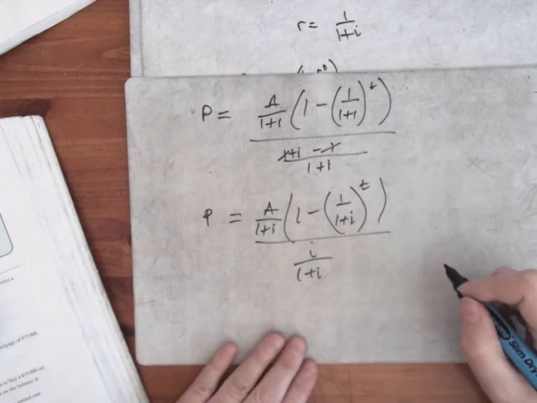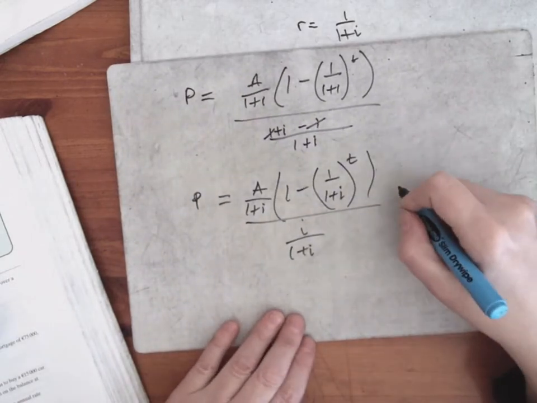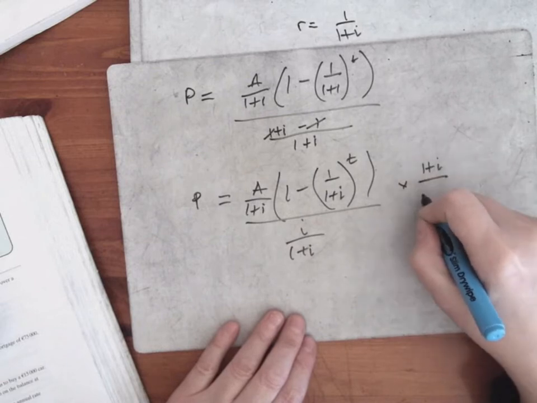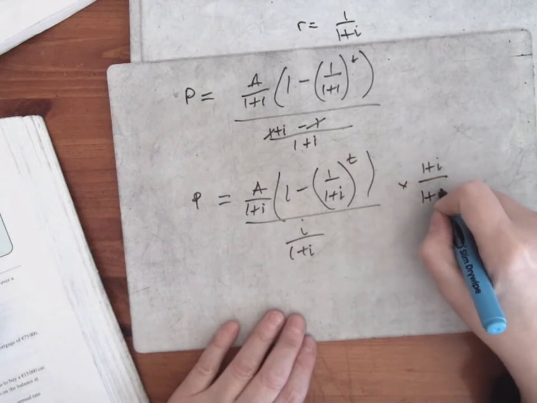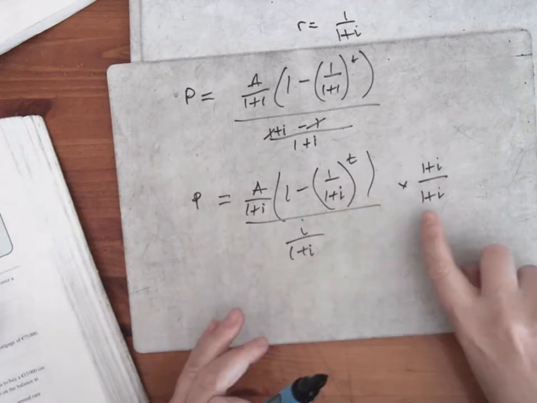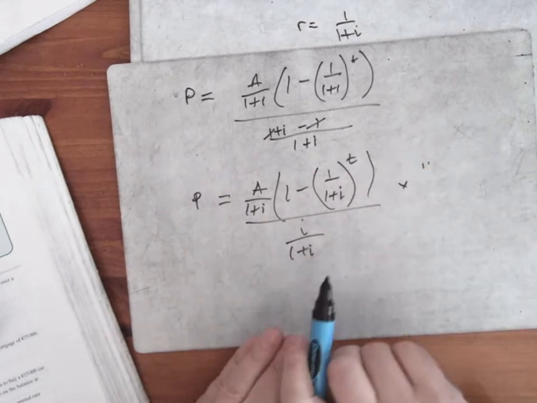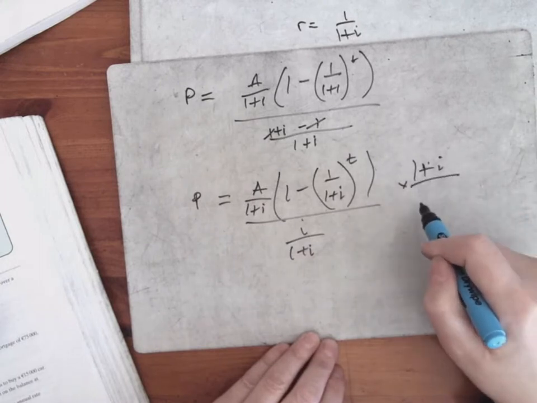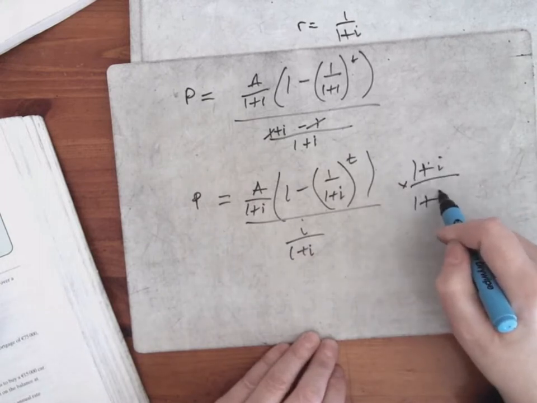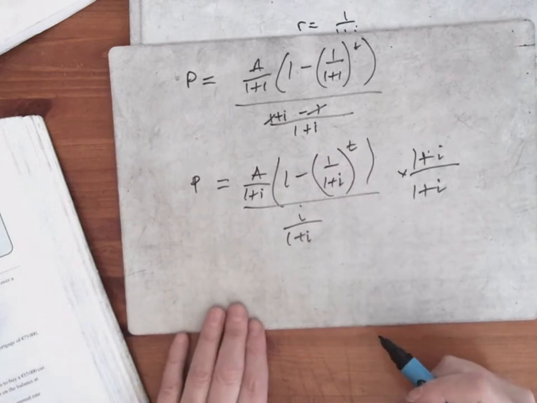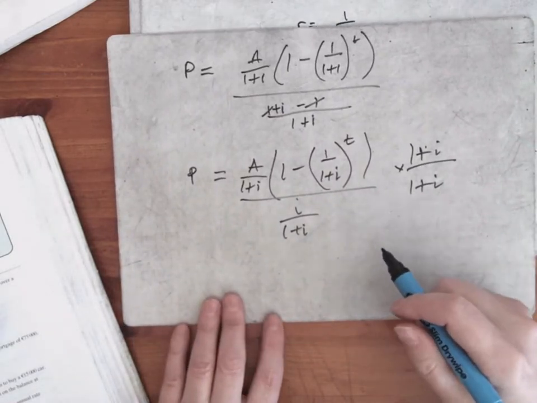Once you get to there, you multiply above and below by 1 plus I, so you're really not changing it. Multiply this line by 1 plus I and multiply this line by 1 plus I. What happens when you multiply above and below by 1 plus I?